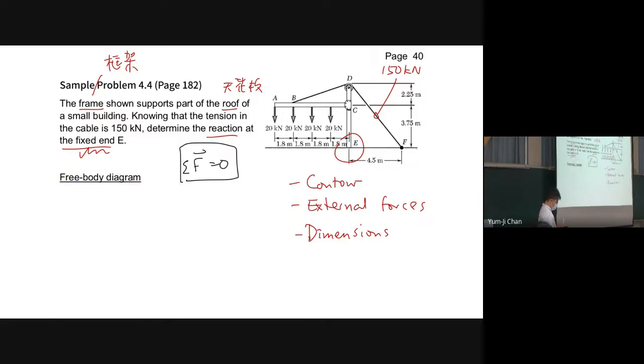Everything we want to determine is here, at point E, and the tension in the cable is known. For these quantities that we need to determine, I'll write them down later. All of them are at the boundary of the free body.